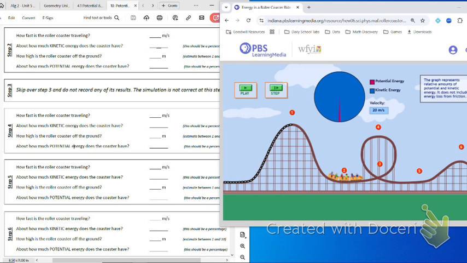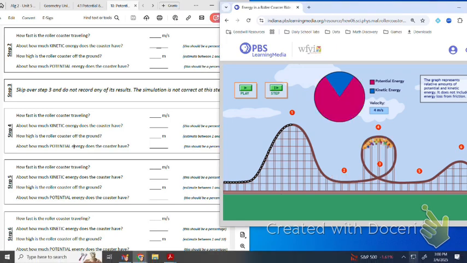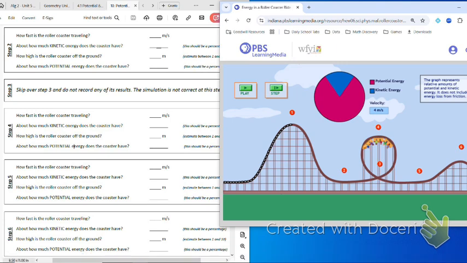Okay, we're skipping step 3 because it's not good. This does say 20. So we're skipping step 3. Here's what step 4 looks like. Again, if you're watching the video, pause so you can fill out your information.